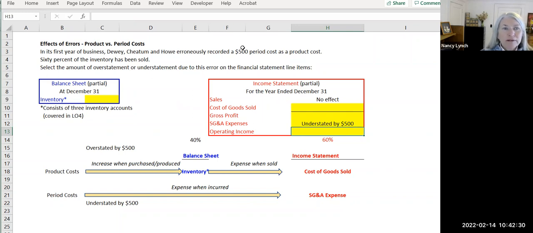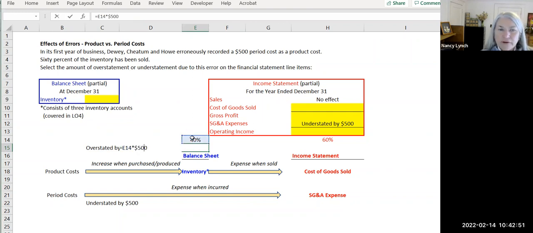But what's happened is 60% of the inventory has been sold. So this 500 that was too high on your balance sheet initially, there's only 40% left of that. So this is equal to your 40% times the $500.